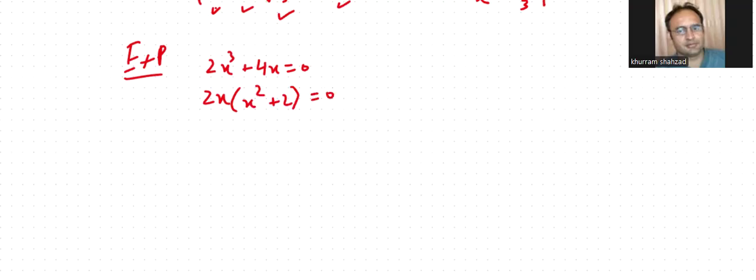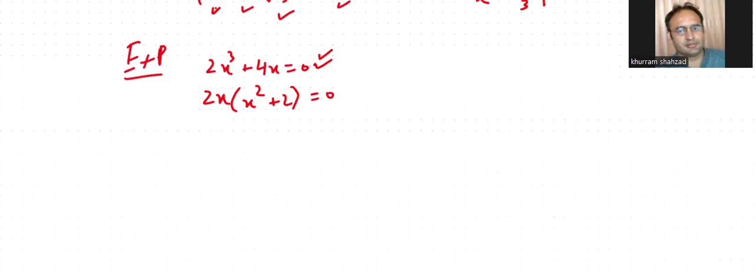This was not factored. So first of all, it is needed to factorize this one, because for the use of zero product property, we should have a polynomial function in the factored form. So we have made its factors. We are taking out this 2x common from both of them.